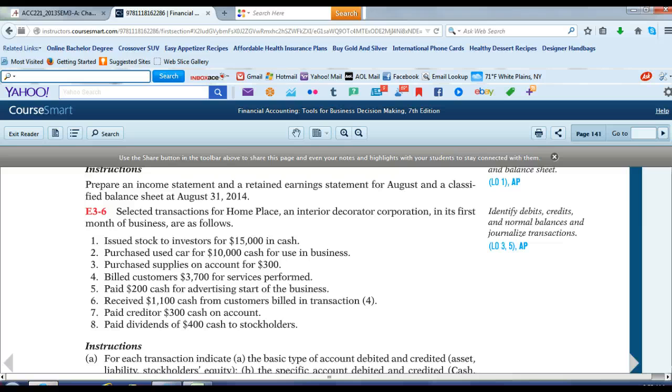Next, we billed customers $3,700 for services performed. Billed customers for services performed. That sounds like a revenue. Now, for this purpose, we can do a revenue account or a sales revenue. And since we billed customers, we didn't receive the cash up front, we are going to have an accounts receivable there.